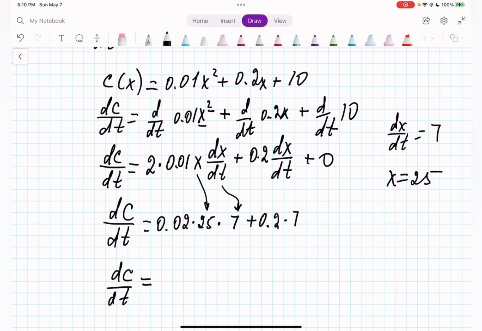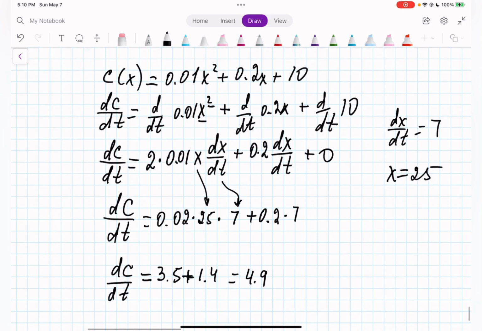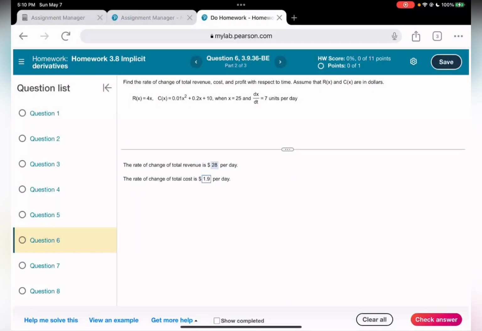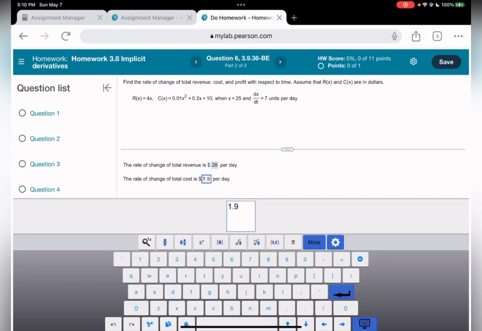Yes, 3.5. And plus 0.2 times 7 is 1.4, and we are getting 4.9. So the rate of change of total cost is 4.9.